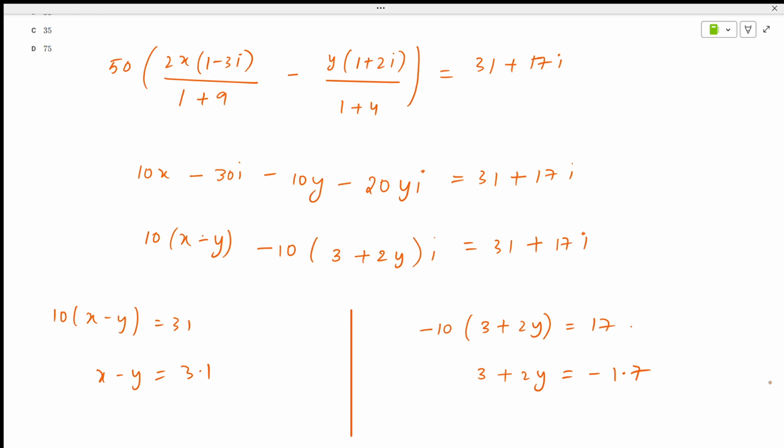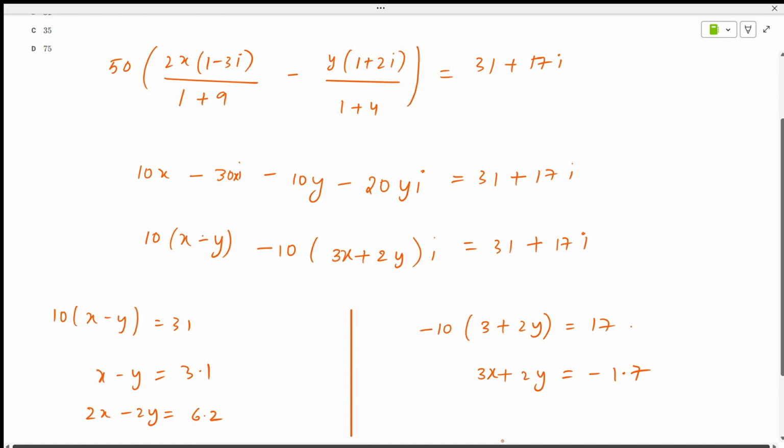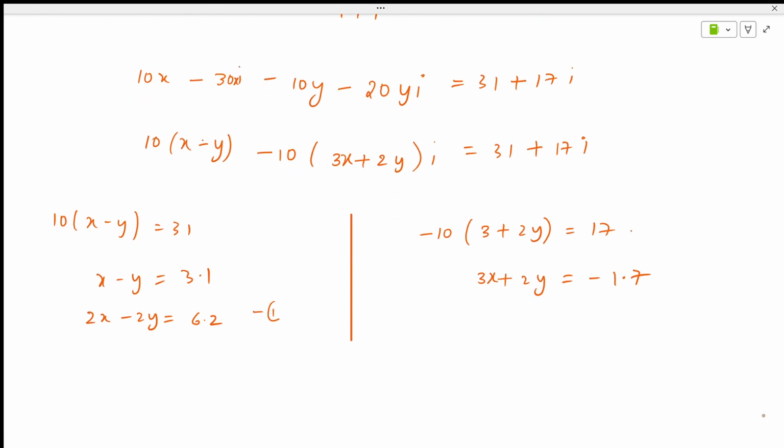We should be getting 30x here. So this is 3x. So it becomes 3x. Okay. If you multiply this with 2, you will get 2x minus 2y is equal to 6.2. Now, that was in this equation 1 and 2.